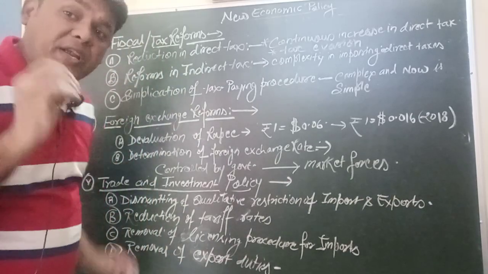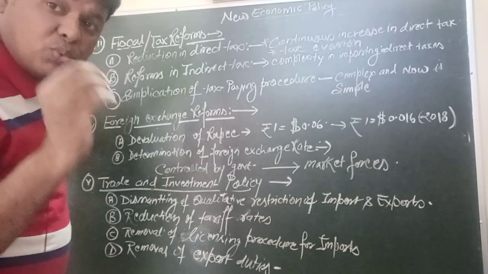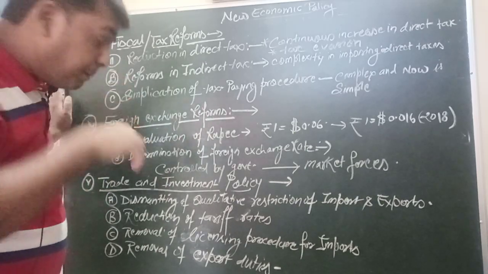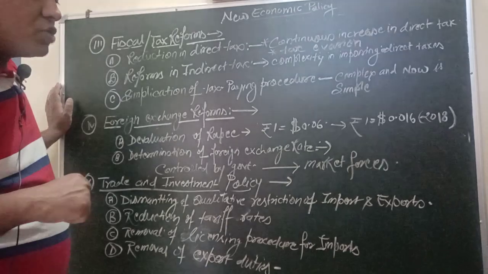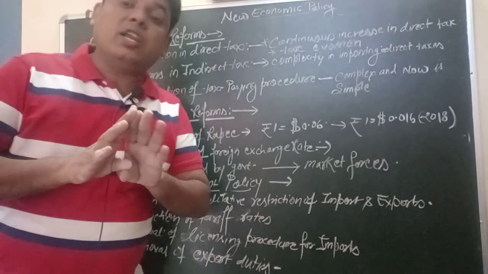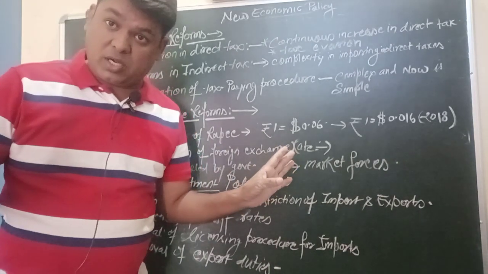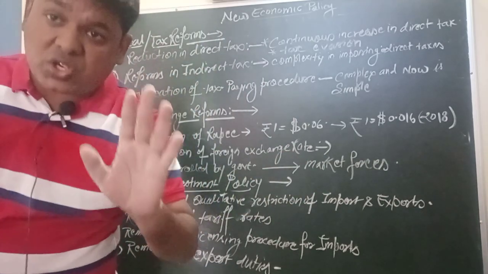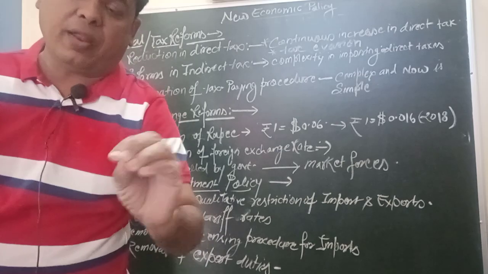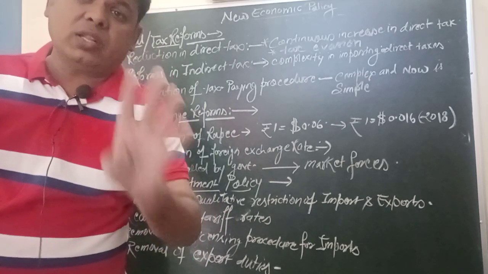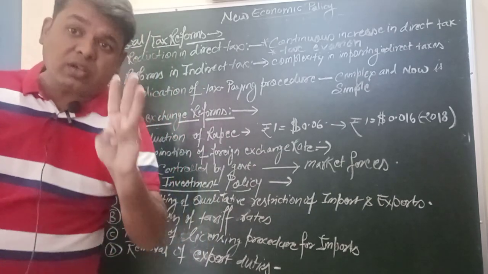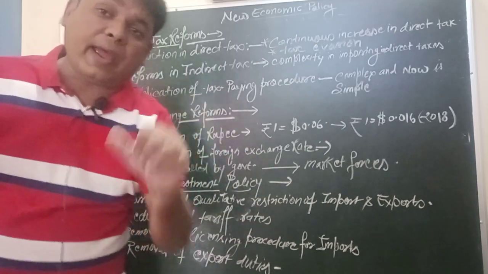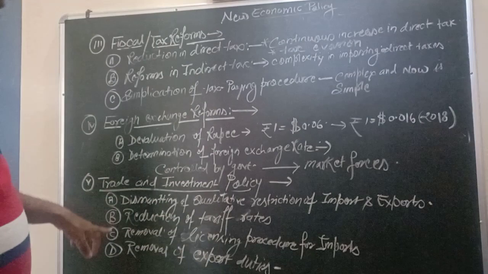It means quantity is fixed for the particular goods, import and export. But now after this, there is no restriction on the quantity. Before that, 17 industries were restricted. Now only 3 sectors are restricted for import and exports. Okay, so this is the thing.